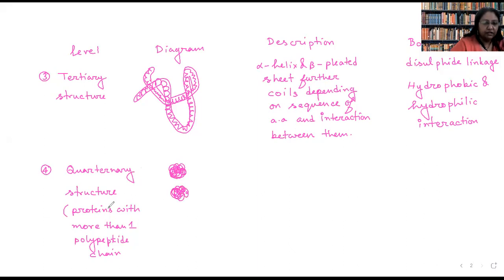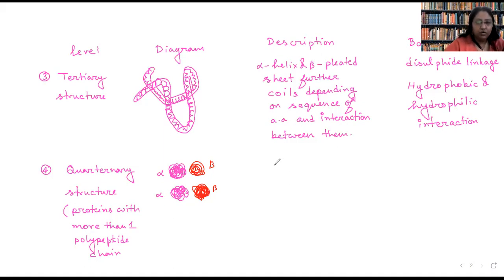Two of them are called alpha, and the other two are called beta. There is a connection between them, and these four functional polypeptide chains are connected with each other to give you the functional quaternary structure of the protein.